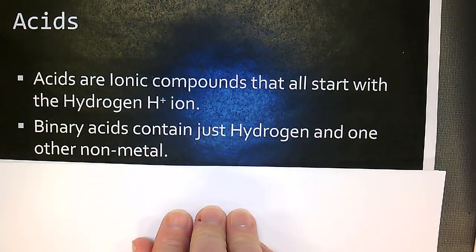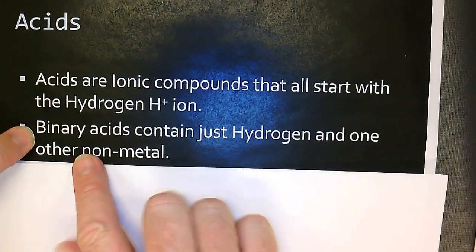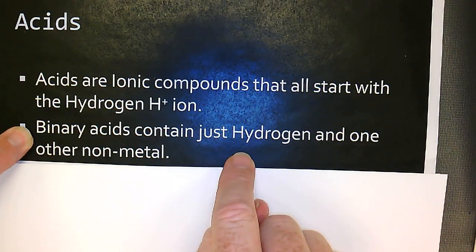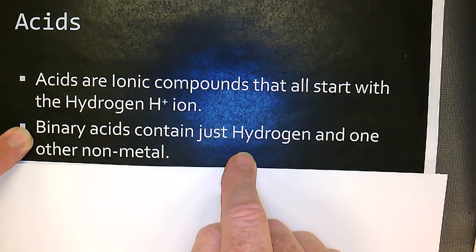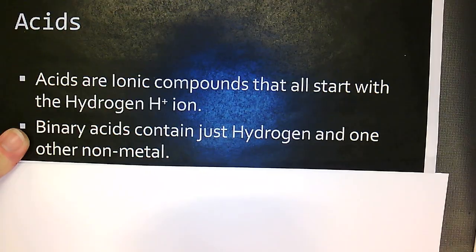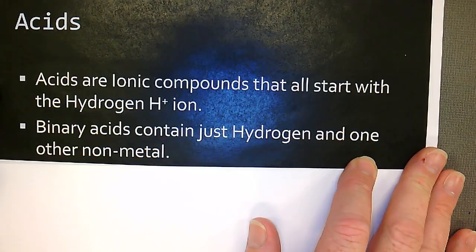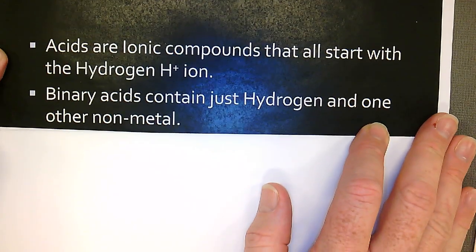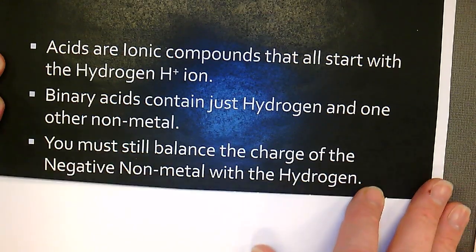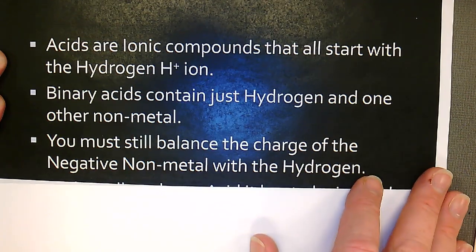Binary acids. Just like we've done with binary, there's two elements, except the first element's always going to be hydrogen, and then a nonmetal. Acids will contain hydrogen and a nonmetal, or a polyatomic ion. We still have to balance the charges, but it's kind of simple because what's the charge of hydrogen?